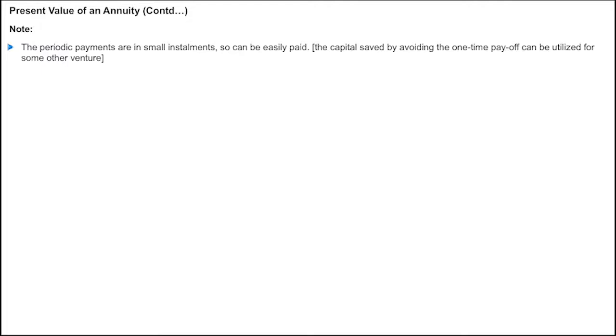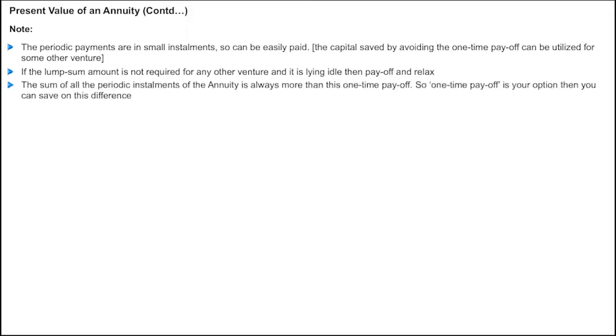So you have some money with you, and this capital can be saved by avoiding the one-time payoff, and you can invest it in another venture. For example, if you have a lump sum amount that you do not require for some time, just lying idle with you, then you can do the one-time payoff and then relax.